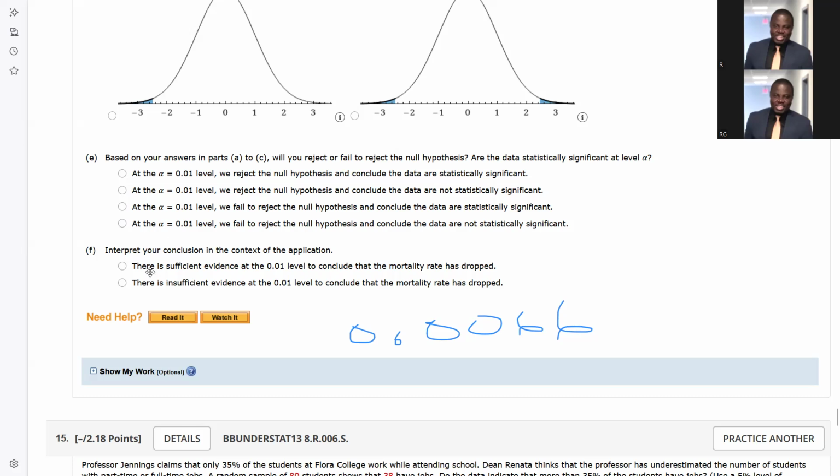And then we come to F. Because we are rejecting the null hypothesis, we are saying that there is sufficient evidence at the 0.01 level to conclude that the mortality rate has dropped. There is sufficient evidence because we rejected the null hypothesis. And that's it. All right.